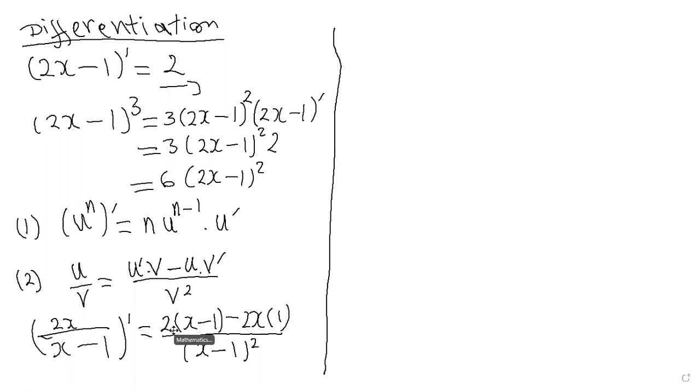We can multiply here now. 2 times x will be 2x, and 2 times minus 1 will be minus 2, and we have minus 2x, all over (x minus 1) squared.